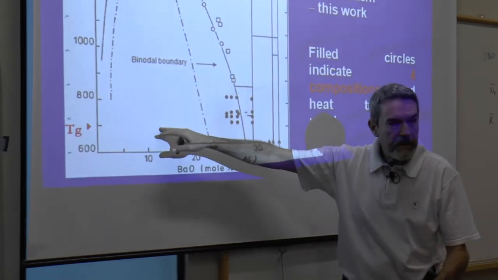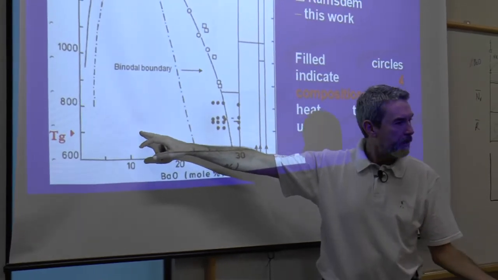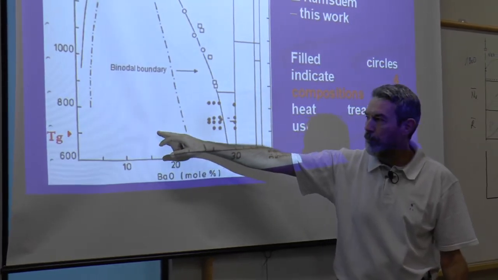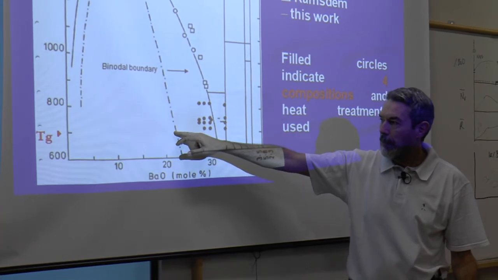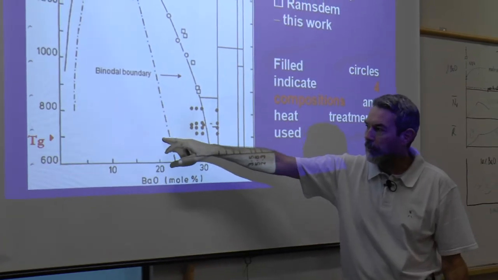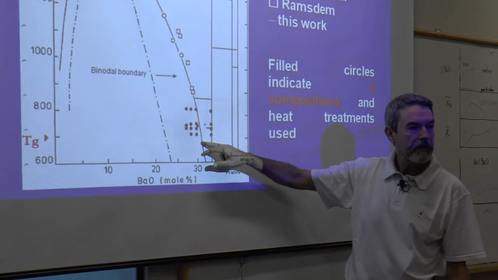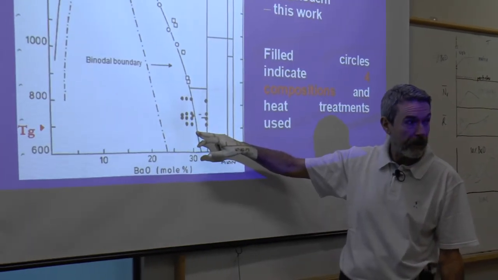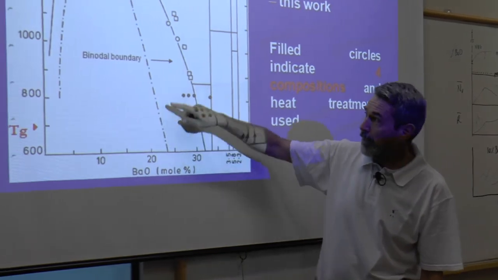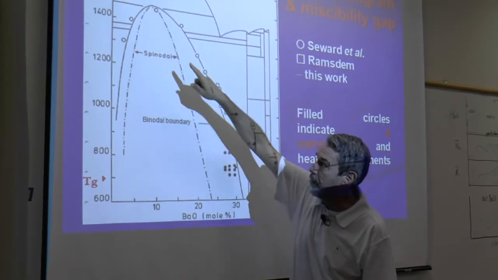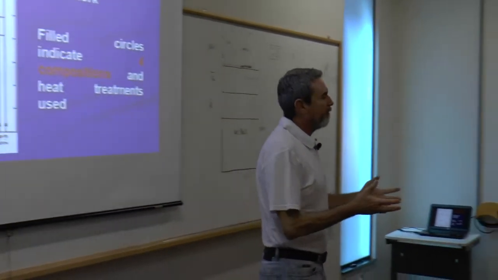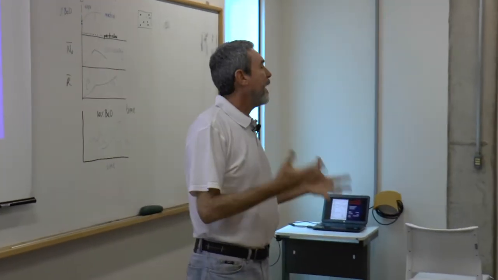An important feature of this is that the process starts by spinodal decomposition, but it doesn't see this boundary and stop here. In the end, it will stop at this binodal boundary. This is an imaginary boundary which just dictates the beginning of the process, not the end.